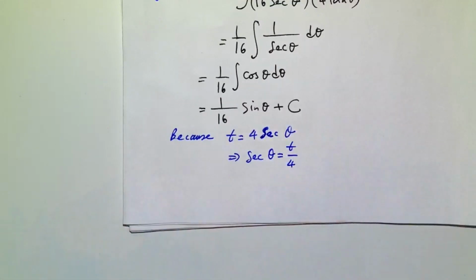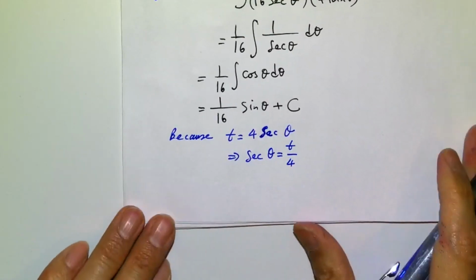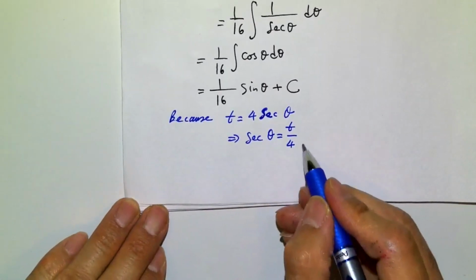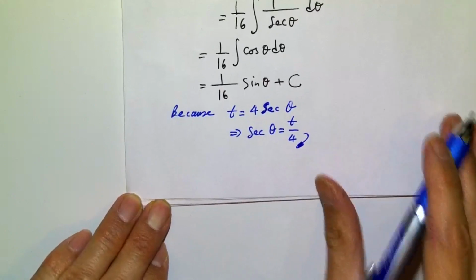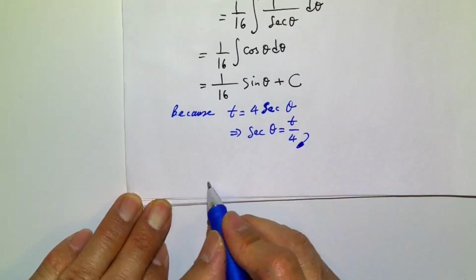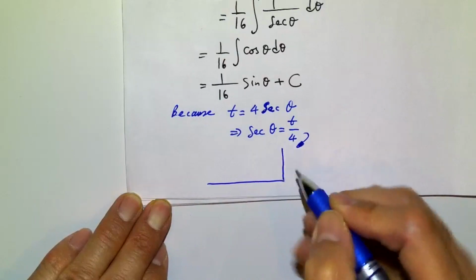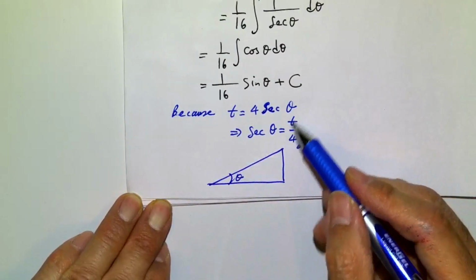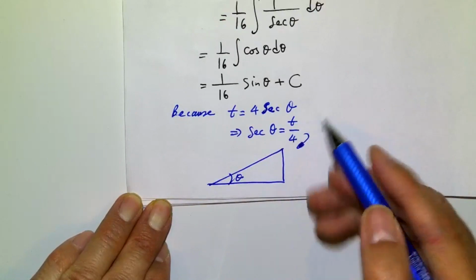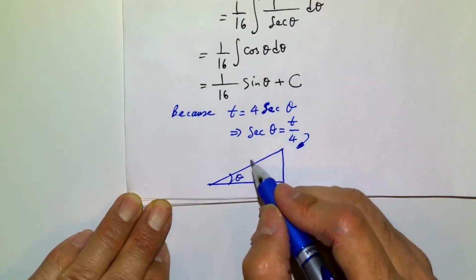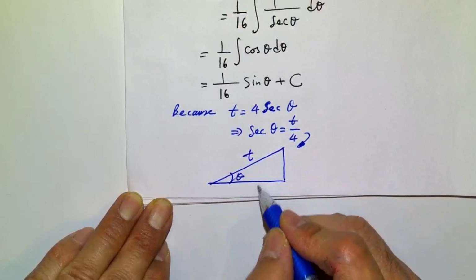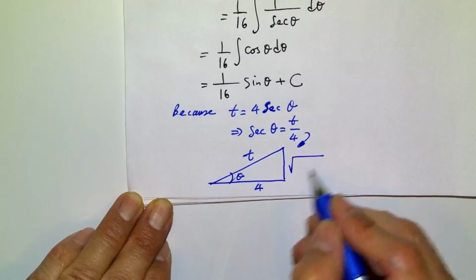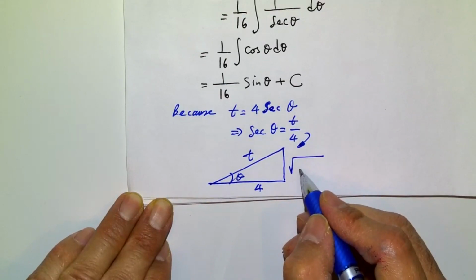So the right triangle translation would be, if this is theta, and we know that the reciprocal of this would be cosine theta, and that would be 4 over t, so t would be the hypotenuse, 4 would be the adjacent for cosine theta, and this side would be the square root of t squared minus 16.